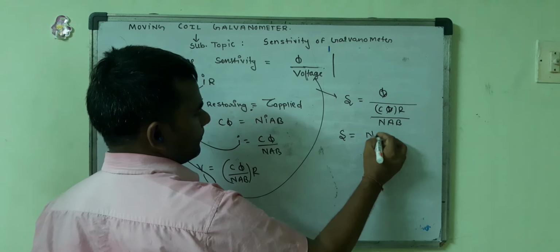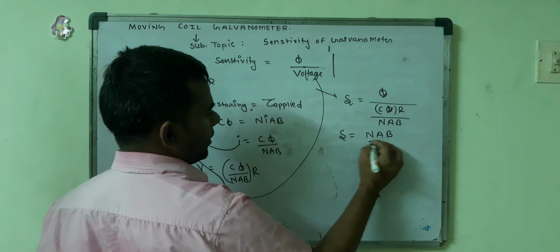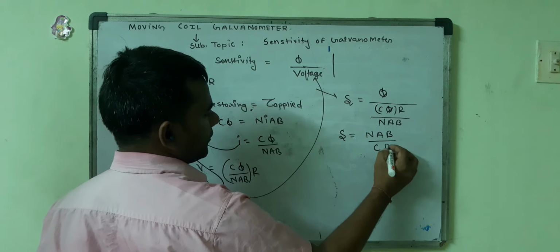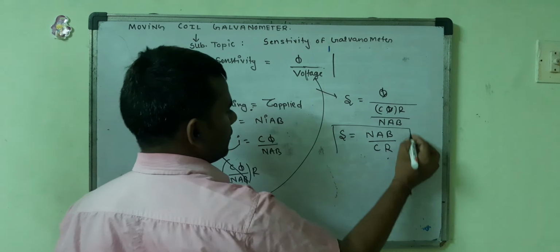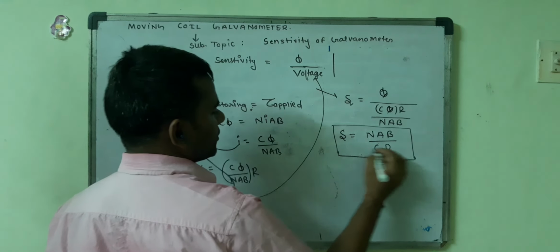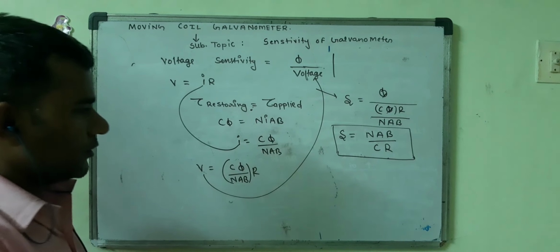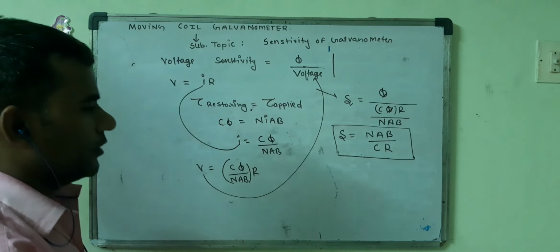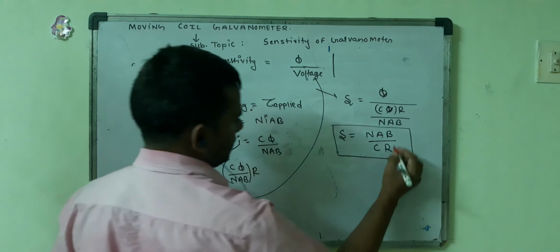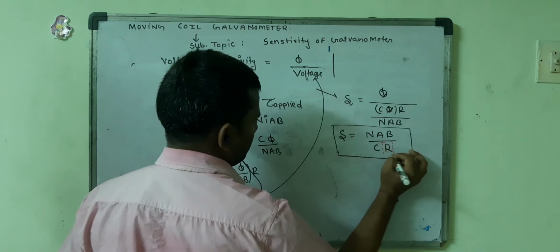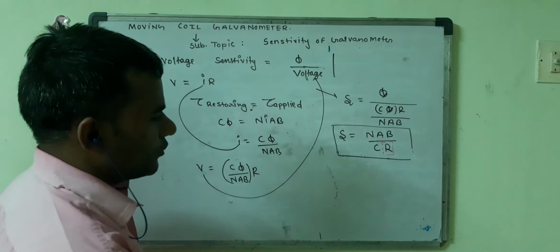So N A B divided by C R. This is the formula for voltage sensitivity. The same expression is coming, only one difference: this R is added in the expression.